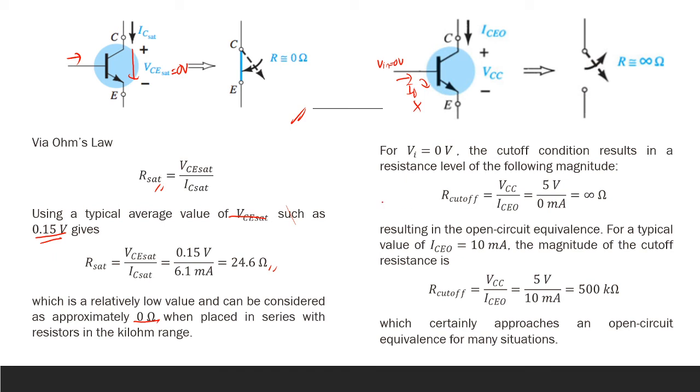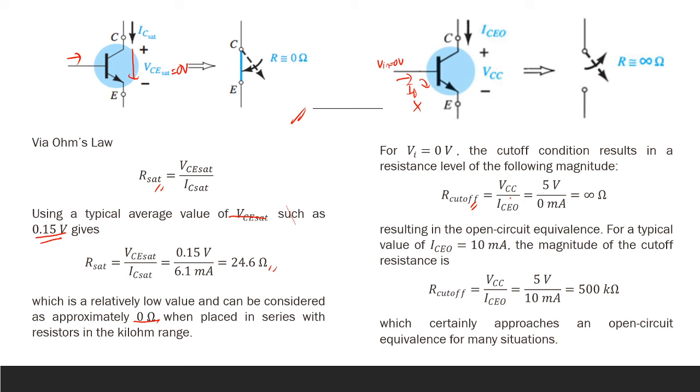Now, kung titingnan natin, let's say, i-equate natin siya to a resistance. Assumption natin is totally wala talagang current na nagfo-flow. Kung wala nang current na flow, by Ohm's law lang din. Instead of RSAT, this is the resistance at the cutoff region. Kasi nakita naman natin sa characteristic curve kanina, di ba? Nasa pinakababa siya.